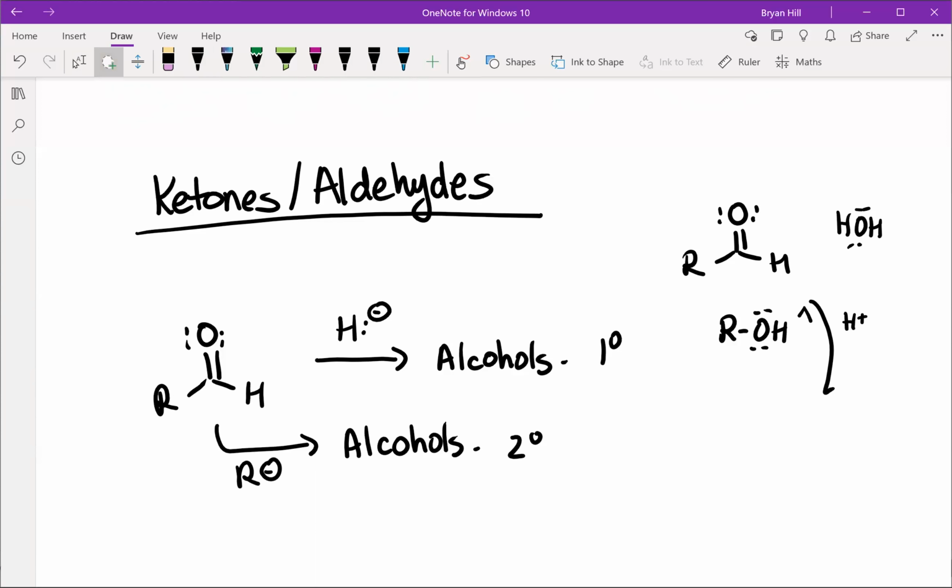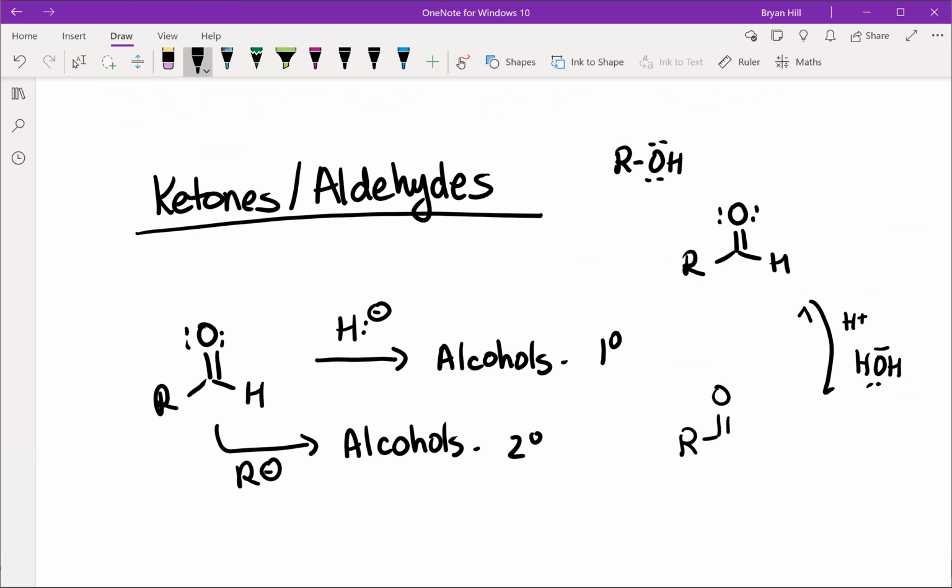Do we remember what they did? So you've got a little bit of acid in there. It protonates the carbonyl. You've now generated a pretty electrophilic carbon here.